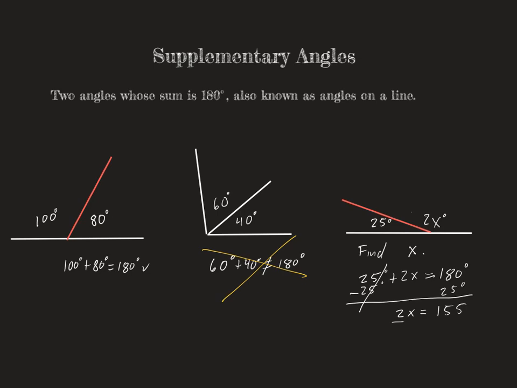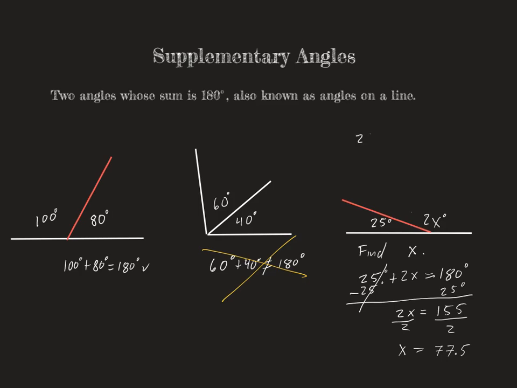And then you're going to divide both sides by 2, and you're going to get x equals 77.5. And to double check our answer, we're going to plug it in.